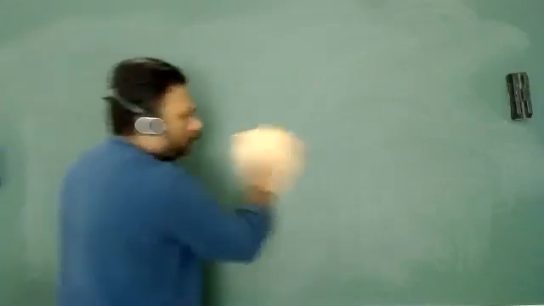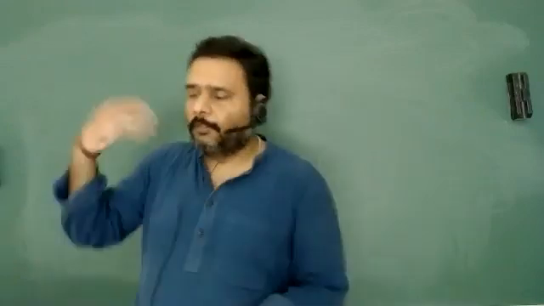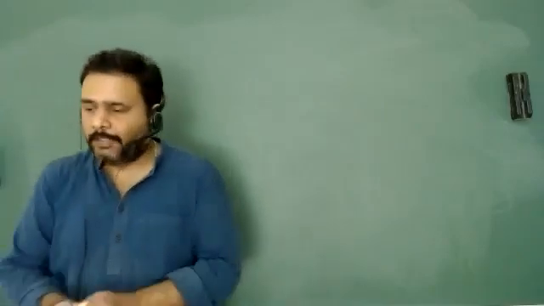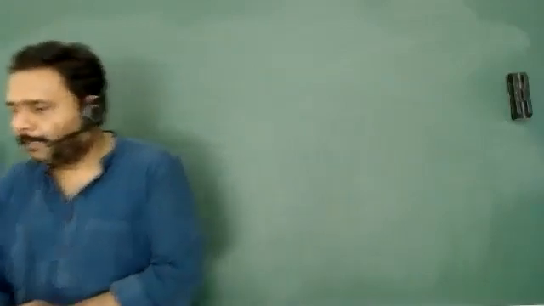I am not bothering about it. If you are more intelligent, you can do it using your brain without any calculation. I believe in simple calculation because I am not so intelligent a person. I just want to go for the simple calculation.